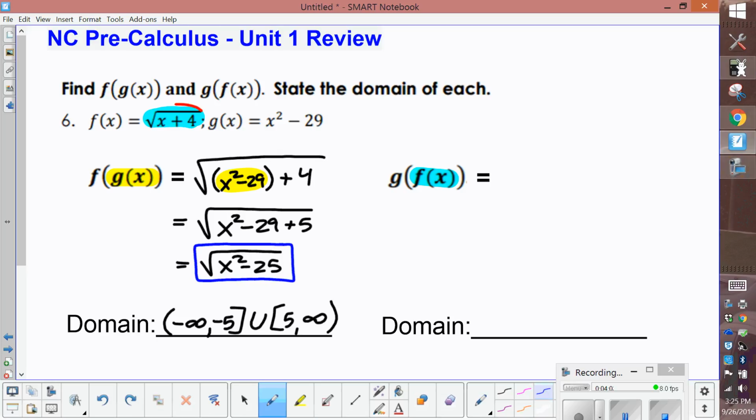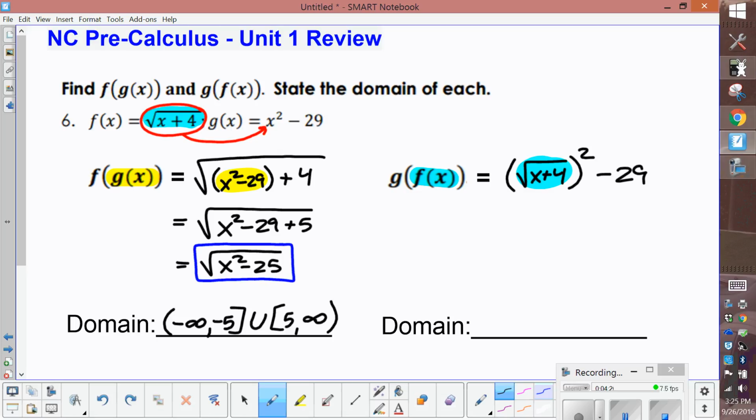I'm going to circle the math, draw an arrow, and plug it inside of g. So instead of x squared minus 29, I'm going to plug in f in there. So the square root of x plus 4. This is f being plugged inside of g.